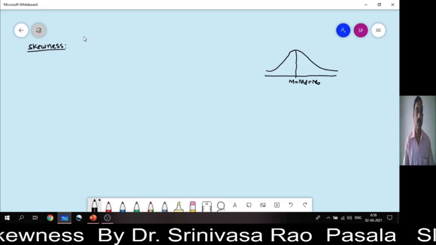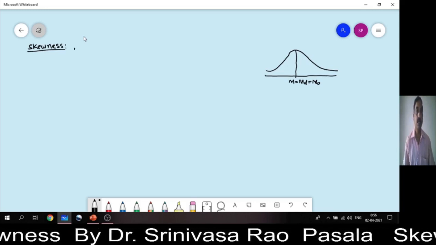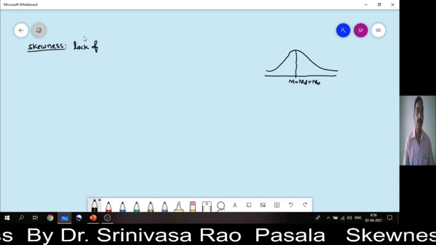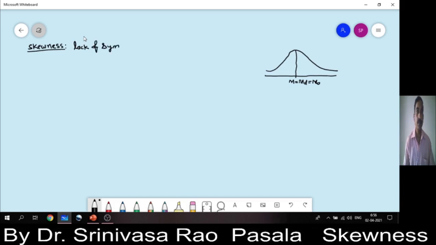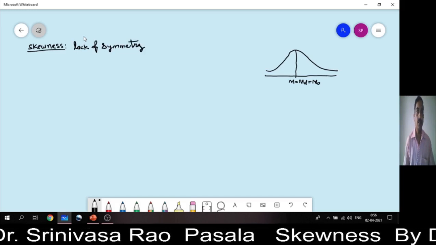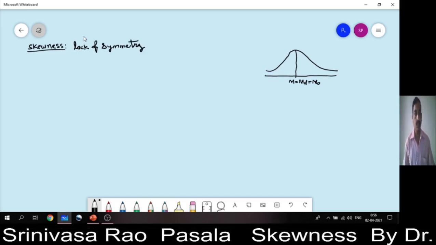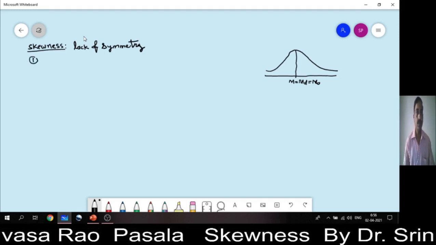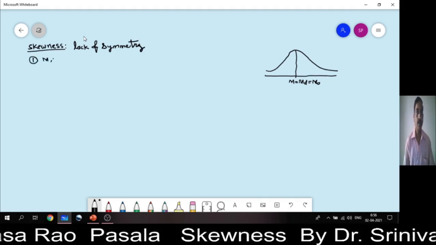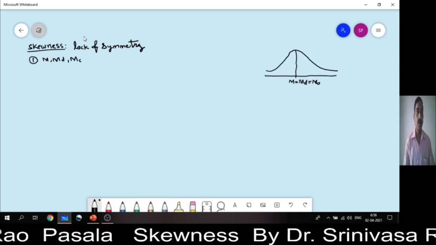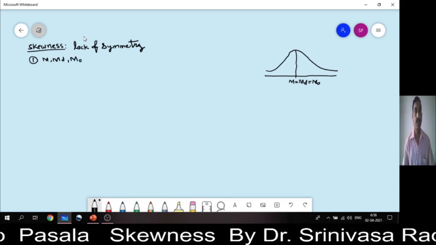Skewness literally means lack of symmetry. So what are the characteristics of a skewed distribution? One, mean, median, and mode fall at different points.